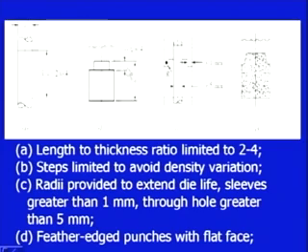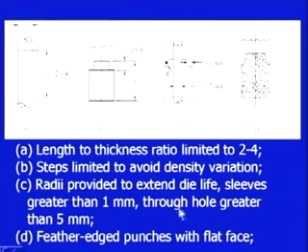Here also certain design guidelines have been given: the height of this particular step should be less than or equal to H by 4, that is, less than H by 4 of the total height. Similarly, we can always provide a sleeve of greater than 1 millimeter. The radii are provided to extend the life of the die.